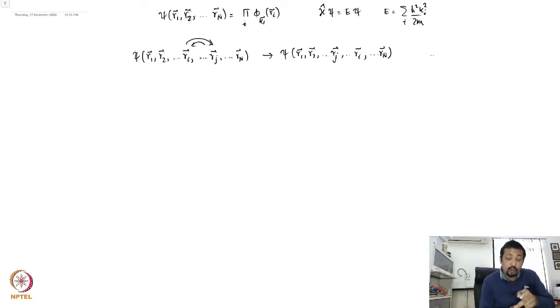So clearly this operation of interchange of indices I can define as an operator which does that. And therefore, it's obvious that this operator commutes with the Hamiltonian, so that one can construct the eigenfunctions of the Hamiltonian in such a way that they are also eigenfunctions of this operator.